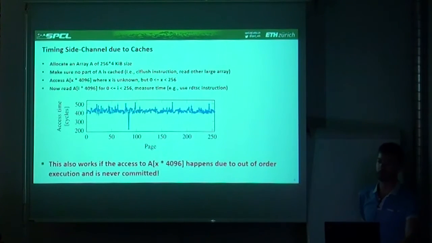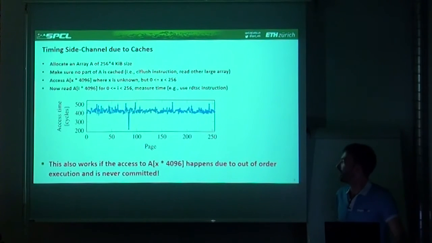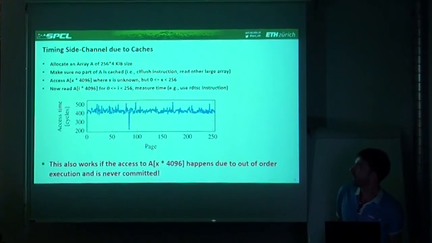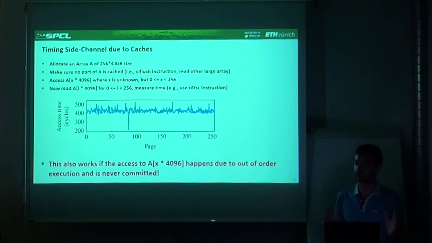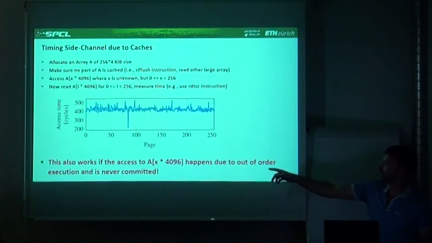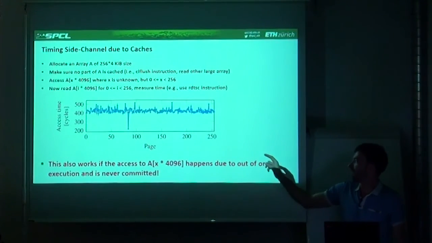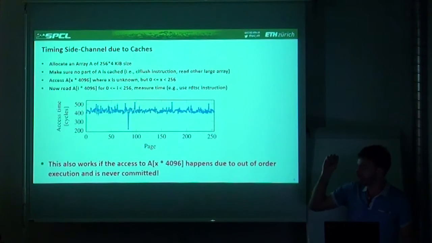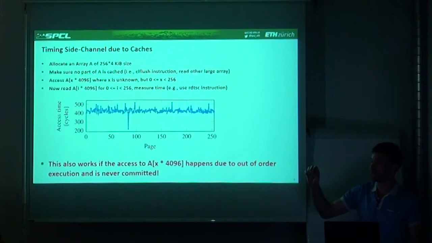And this channel is actually pretty fast. If we see this as a communication channel, we can use this in the order of 100 kilobytes per second. So for a side channel, that is quite good. And the interesting thing now, the big discovery that underpins both Meltdown and Spectre, is that this also works if this access of A at X times something doesn't happen in the code, but happens due to out of order execution.